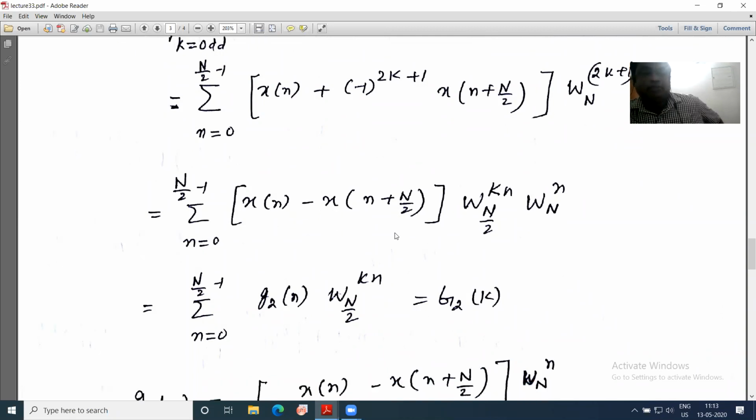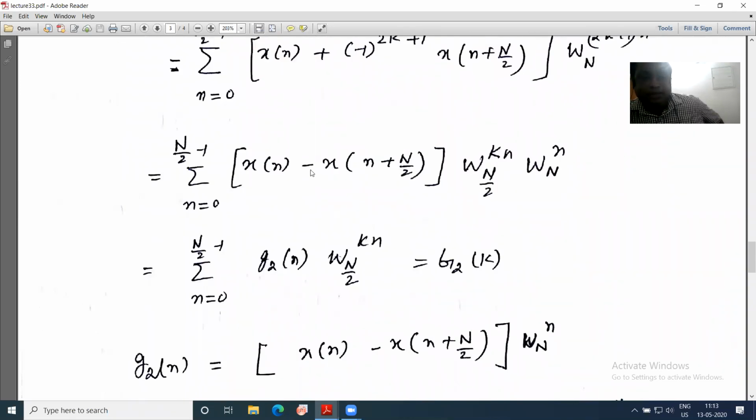There is no involvement of variable k in this term, so this is purely a time function. Therefore, I have to include it within g2 of n. Therefore, my g2 of n will be x of n minus x of n plus n by 2 into wnn.